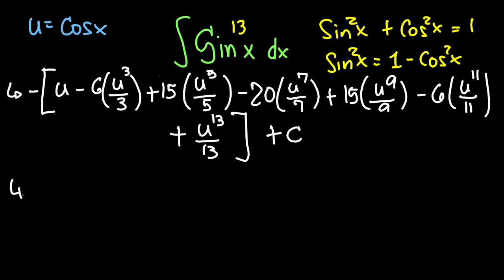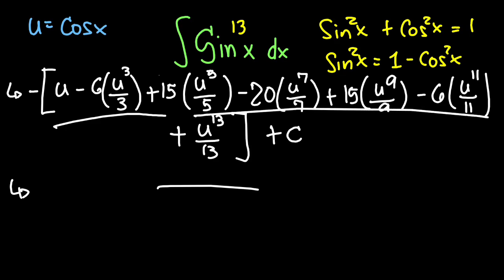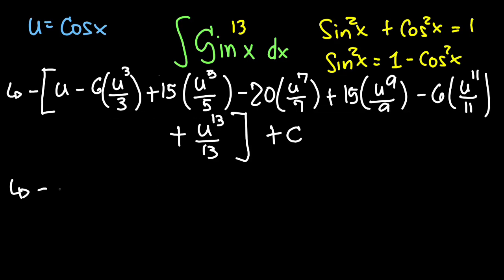Next step would be to simplify each of these, and also to distribute the negative sign among these brackets. Six divided by 3 would be equal to 2. 15 divided by 5 would be equal to 3.